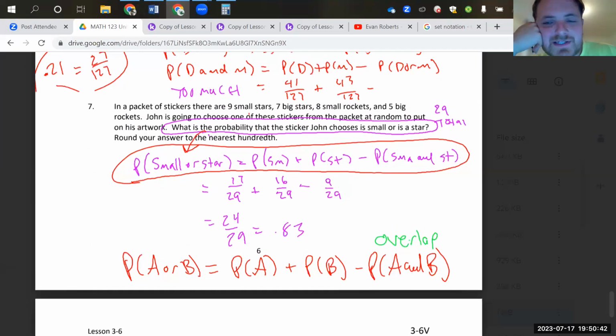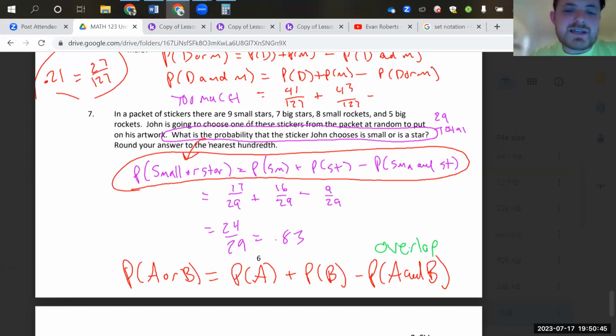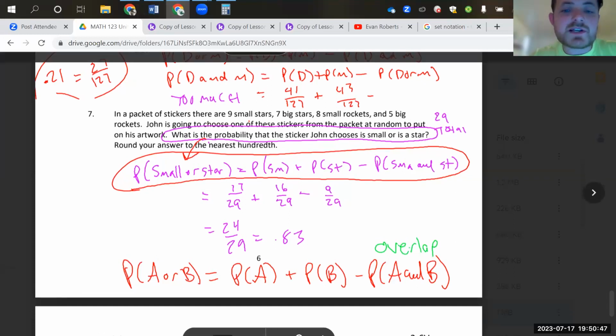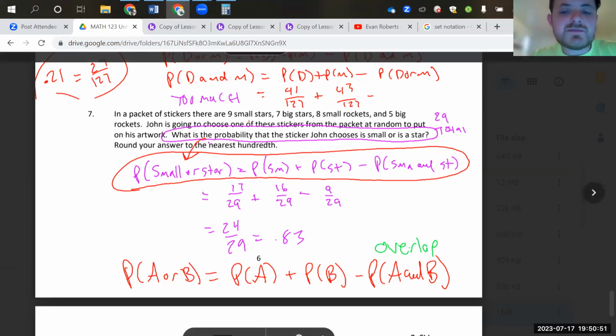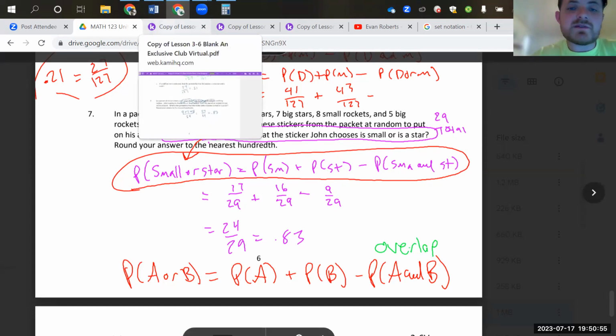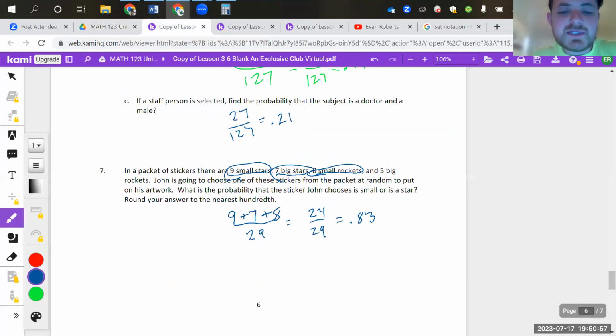It broke it down into 17 small, 16 stars, and then, yeah, that's way harder. Don't do that. That's a waste of your time, in my opinion. I would definitely just do that. So sorry to the people last year. Hopefully they forgive me. Definitely not watching this.